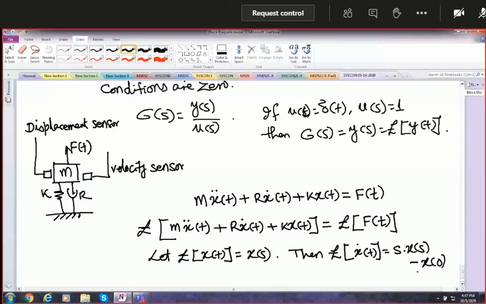I have m s squared X(s) plus r s X(s) plus k X(s) equal to whatever our applied forcing, its Laplace transform.